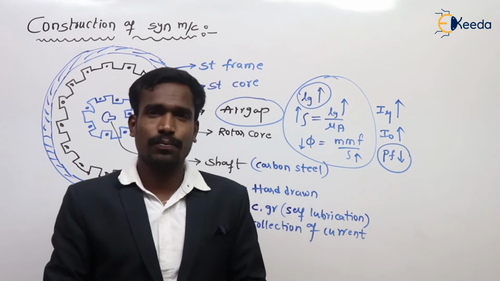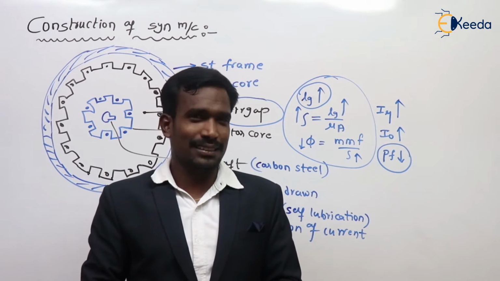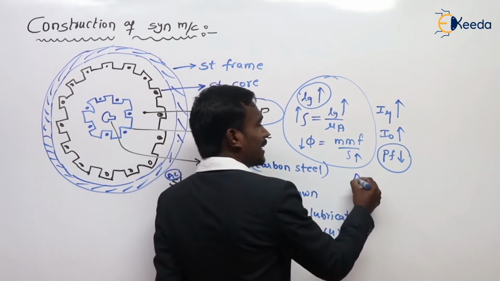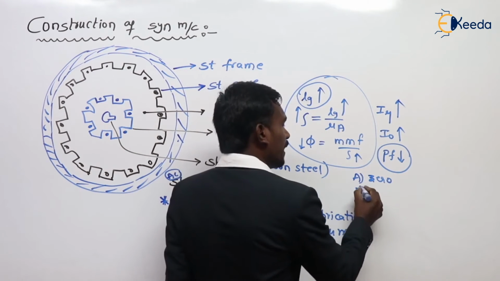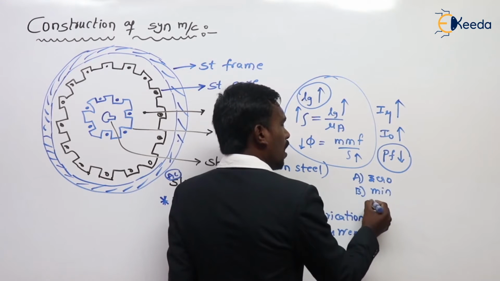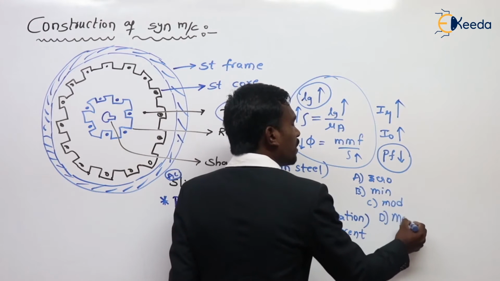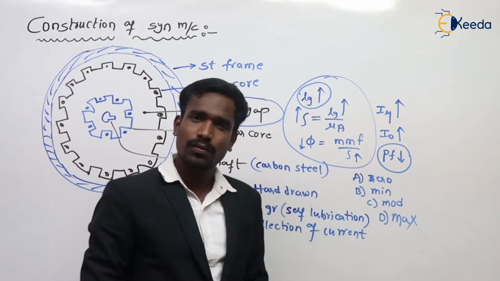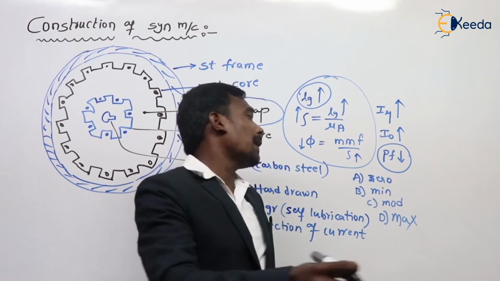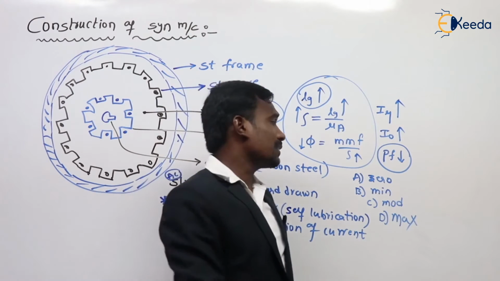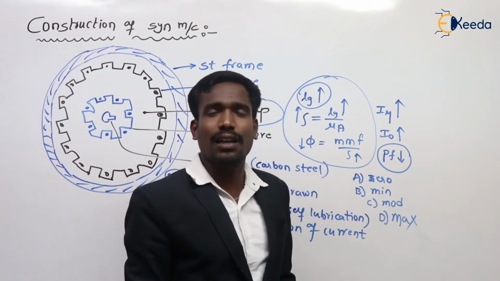Now one question. Tell me, in a synchronous machine, the air gap length is: option A, zero; option B, minimum compared to all the machines; option C, moderate; option D, maximum compared to all other machines.